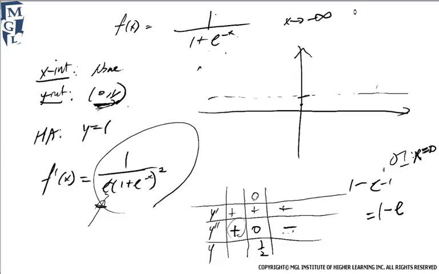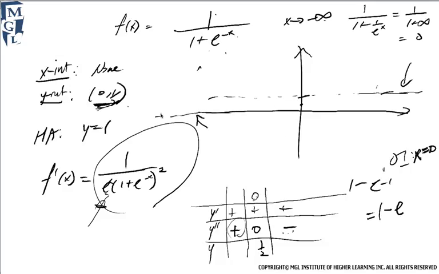This is 1 plus 1 over e to the power of x. This is going to be 1 over 1 plus infinity basically, so you're going to get 0. If you go to the right, this is the asymptote. If you go to the left, the x-axis is the asymptote.